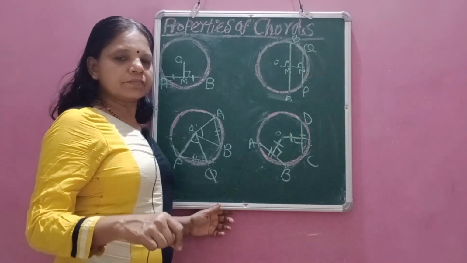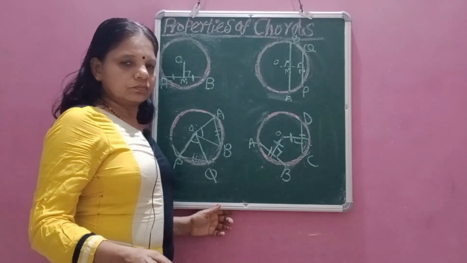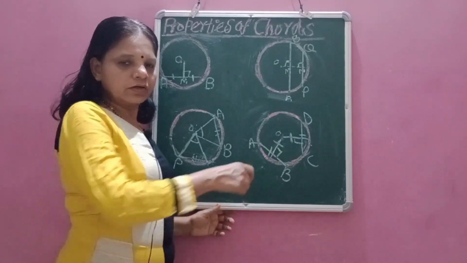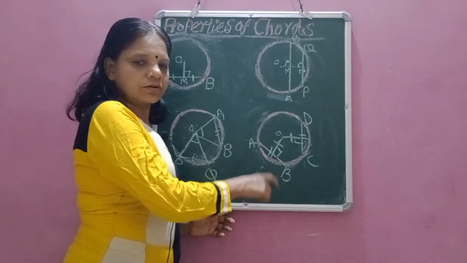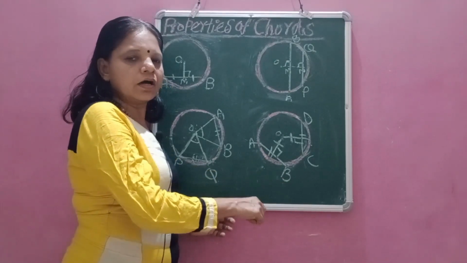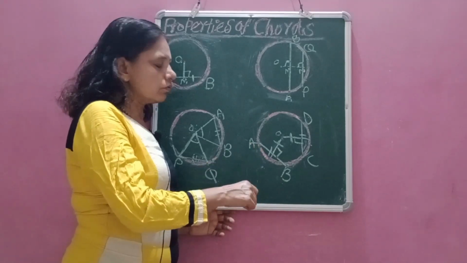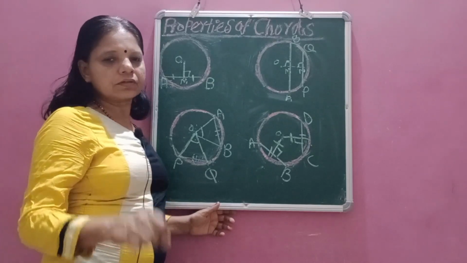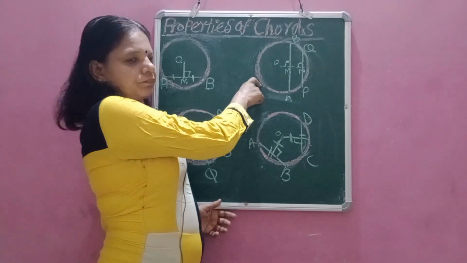Both the statement and its converse are true. That is the property of the chords of the circle. Clear? Now another property.